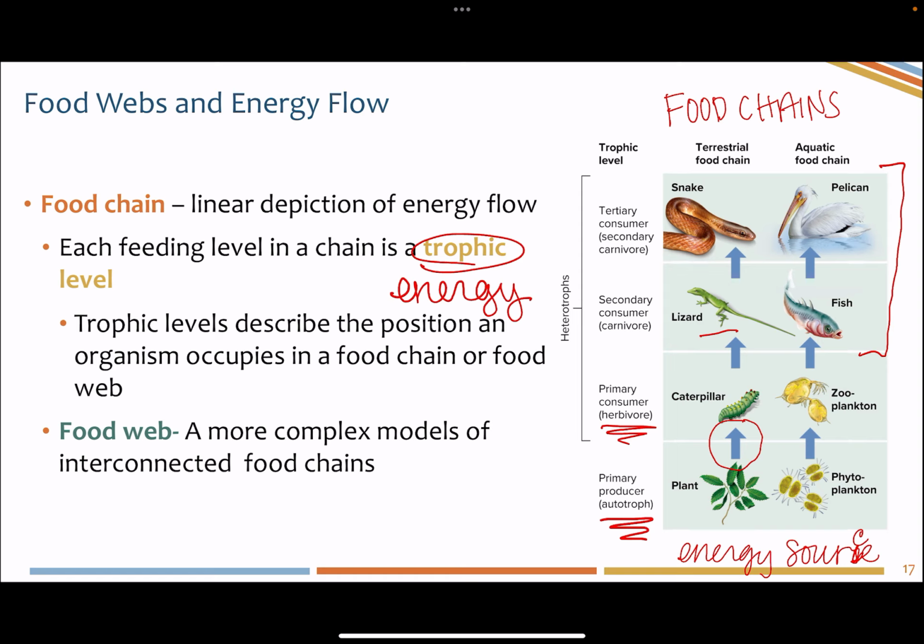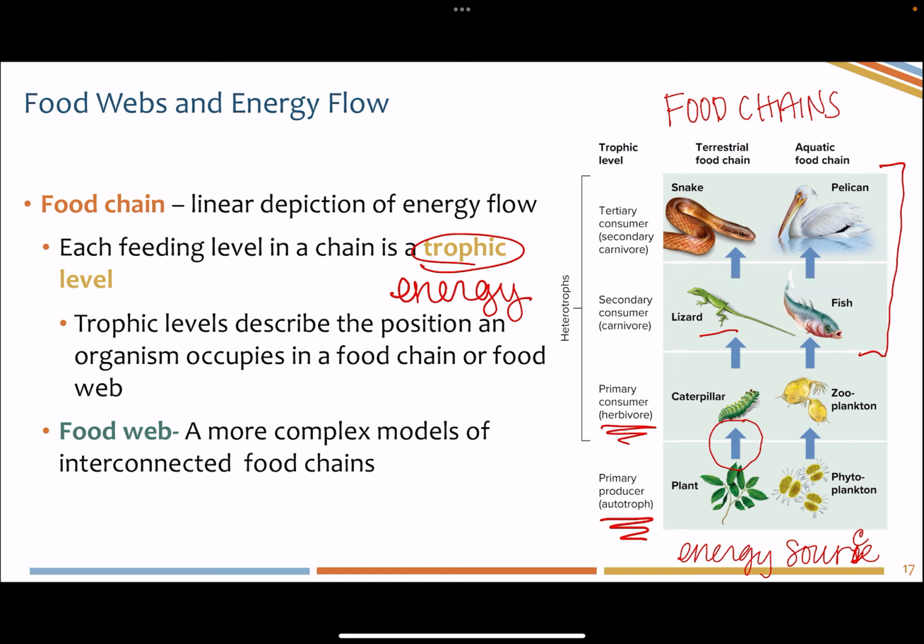Now, a food chain is great for showing us the basic energy flow in an ecosystem, but it doesn't tell us the whole picture. It shows us a very simplified picture, a linear flow of energy, and it does not take into account that some organisms might occupy more than one trophic level, and some organisms might be eating food from multiple different sources.